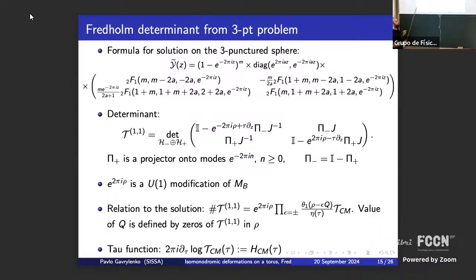The problem is that if we impose the condition that this Lax matrix is double periodic, we will just lose the possibility to perform isomonodromic deformations. Because here this Q evolves with time. If we don't allow this, we just will not have isomonodromic deformations. On the Riemann-Hilbert problem side, it will mean that we cannot solve the same Riemann-Hilbert problem.